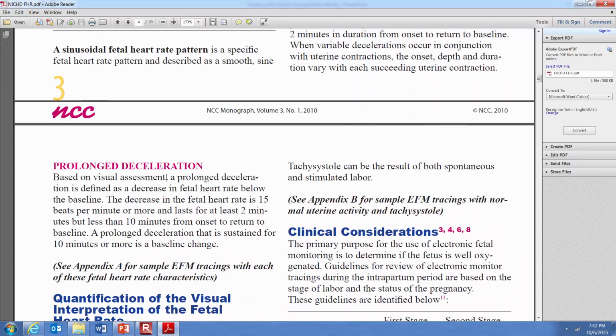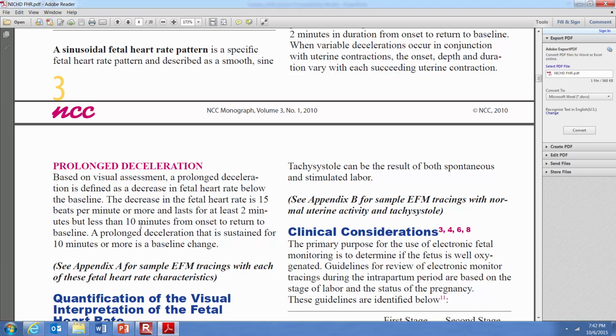The last deceleration we're going to talk about is prolonged deceleration. It is similar to the prolonged acceleration in that it lasts 2 minutes long, but less than 10 minutes. Okay? So it could last for 3 minutes, 4 minutes, 6 minutes. It's less than 10 minutes. It's a prolonged decel.